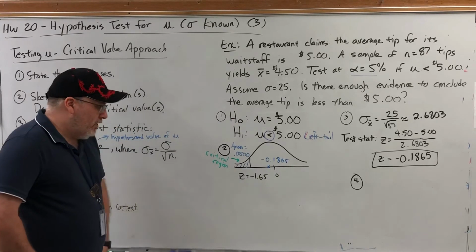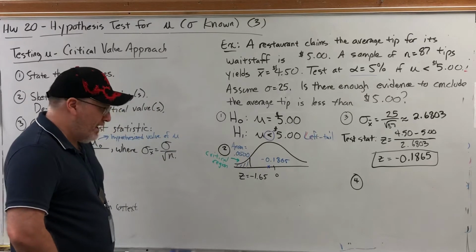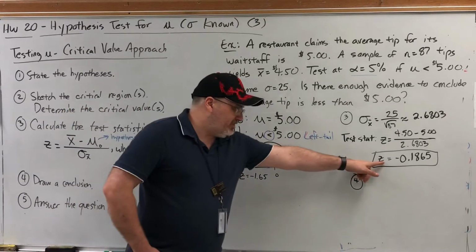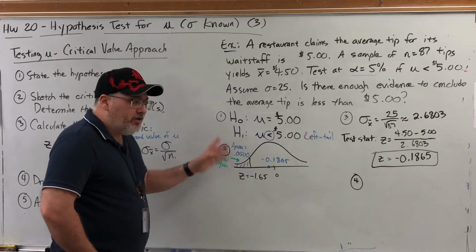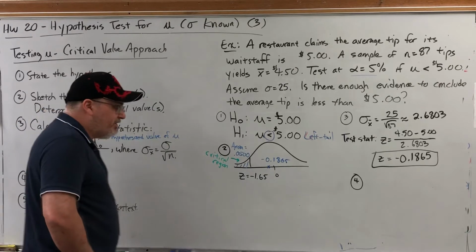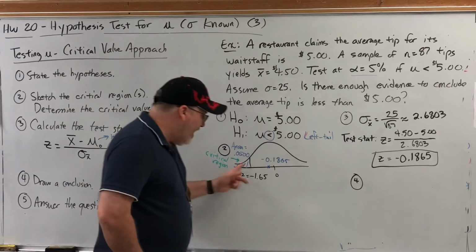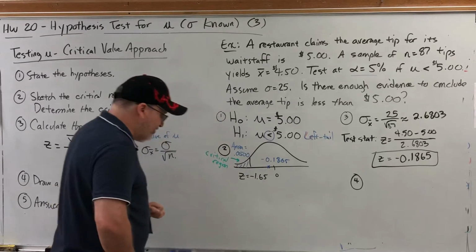It did not fall into the critical region. This is how you make your decision about the null hypothesis. If your test statistic crosses over into the critical region, you reject the null hypothesis. If the test statistic does not cross over into the critical region, you do not reject the null hypothesis.